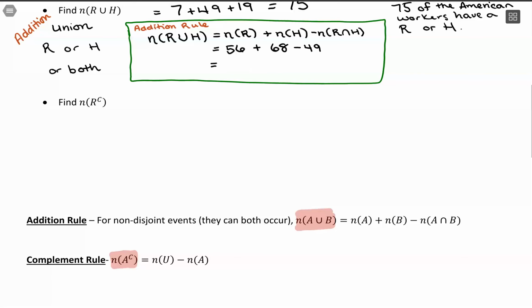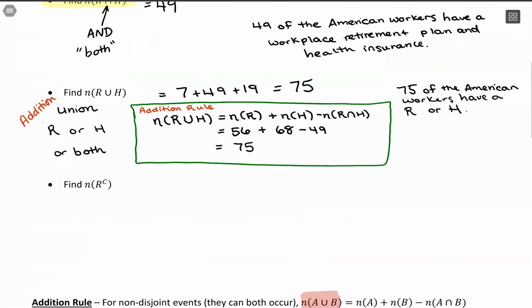If we do that, the math works out correctly, and we'd get our 75 out. So that's the addition rule applied. It'll show up exactly the same when we get to probability, and when we get to probability, it has a lot more application than here, where, as I showed with that first method of calculating it, you could see it a little more directly from the Venn diagram.